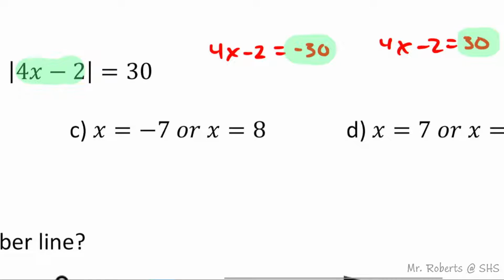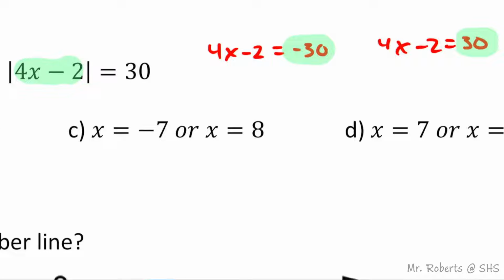So getting rid of the absolute value symbol requires breaking my equation up into two things I consider, considering that this entire expression here is either a positive 30 or a negative 30. Now solving them is the exact same two steps, right? For this first one here, I'm going to take the number negative 30.